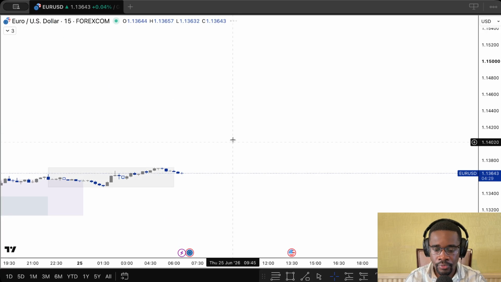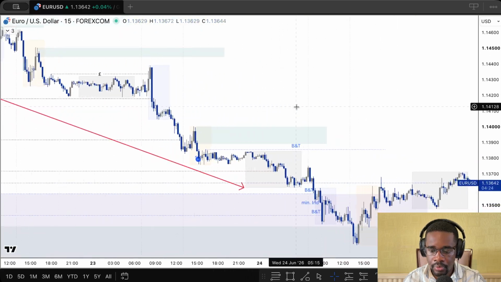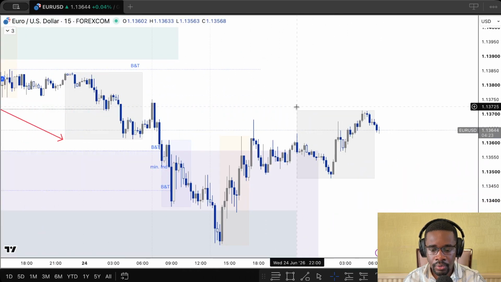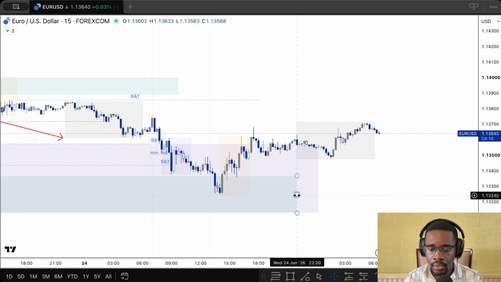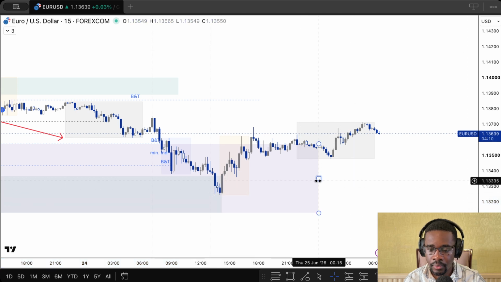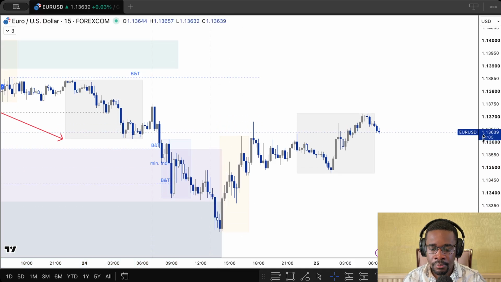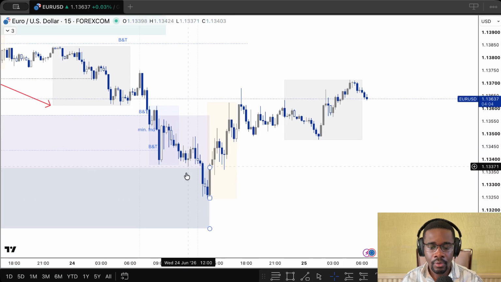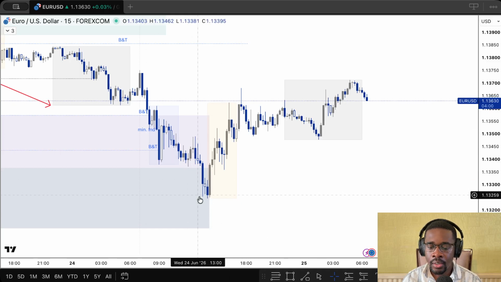So looking at 50-minute, and look at the 15-minute, we did mitigate that extreme POI that we had yesterday. So we did mitigate in this POI, and then from there we can see we're starting to react.